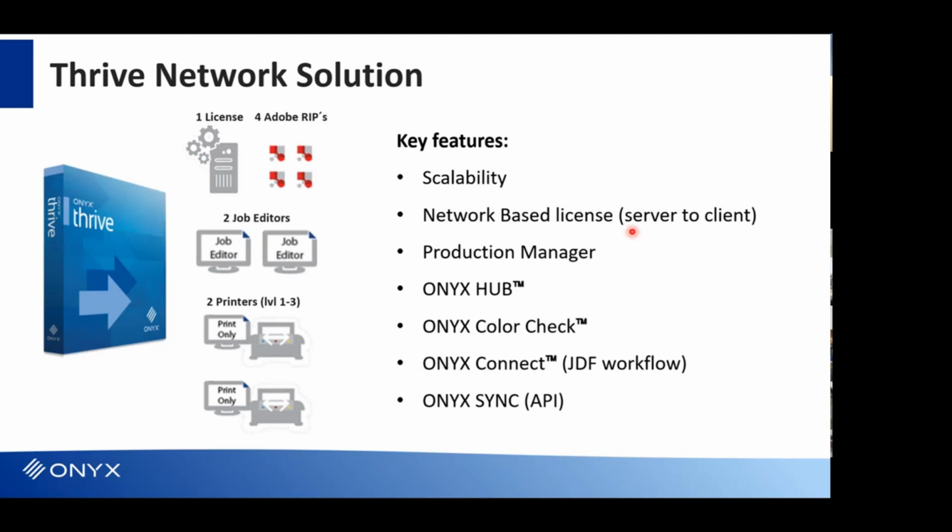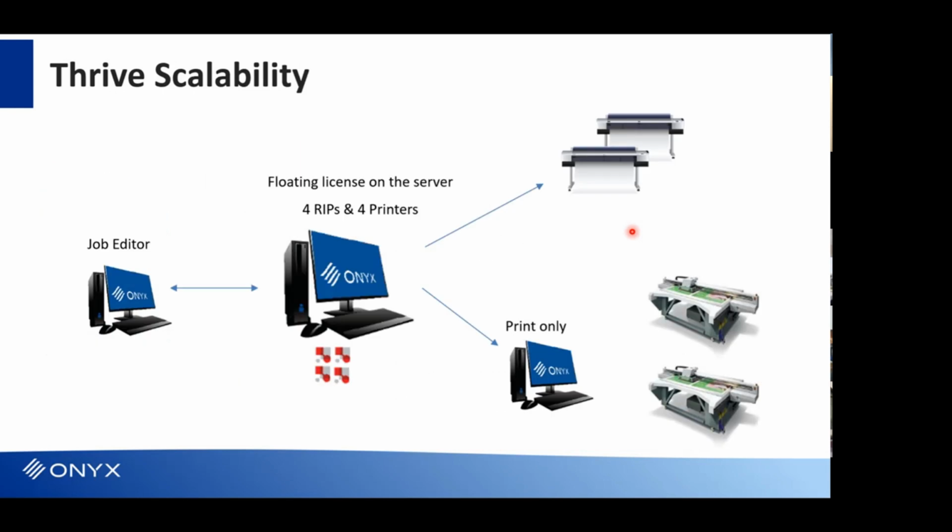So what's the scalability, right? As you saw, the Poster Shop and Rip Center production house will drive from one PC and do all the things on one PC, right? So for a bigger print shop, which already has 4, 5 machines, it might be a bit problematic, as sometimes job editing might be done in a different place.